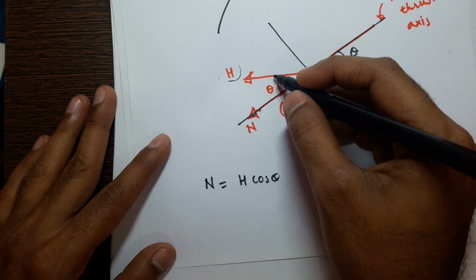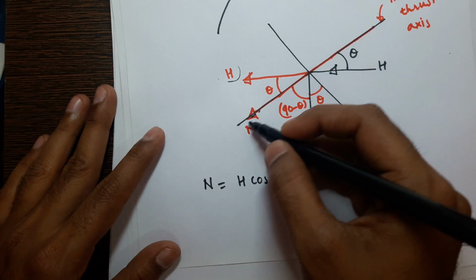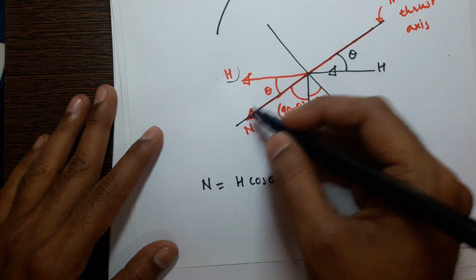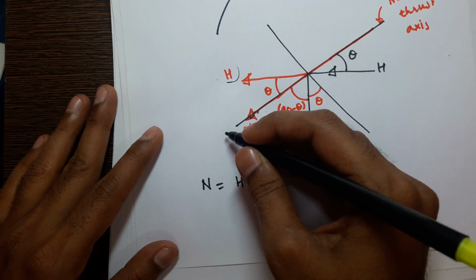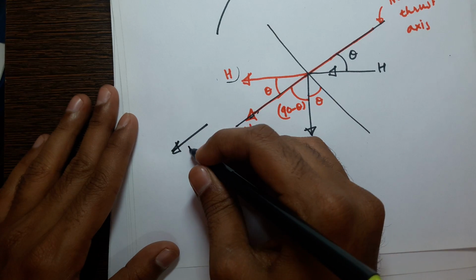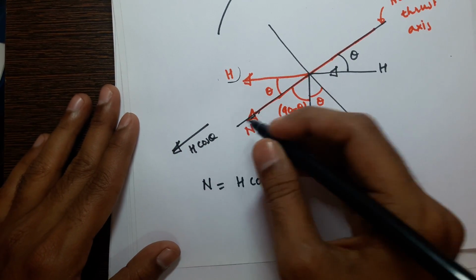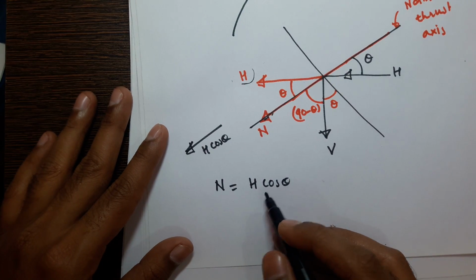H is having theta with respect to the normal thrust axis, so the resolution of H in this direction will be H cos theta, and it is along this direction, not against. This resolution of H is along the direction of N, so that's why it is positive.